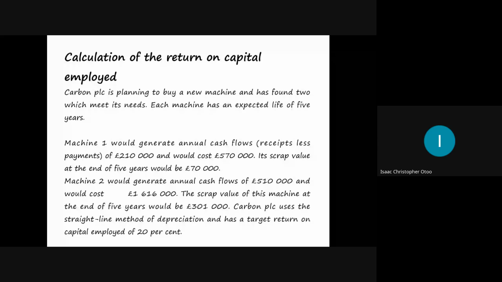So find the average annual profit divided by the average.